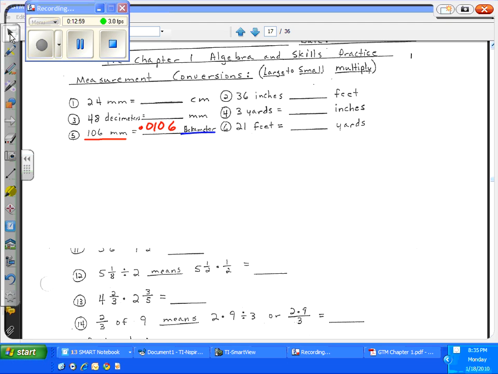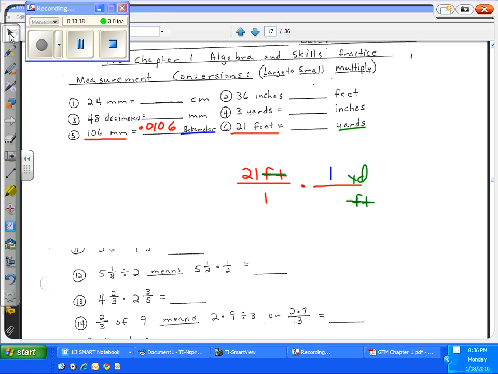Number 6, we're starting with 21 feet. We want to lose the name feet, gain the name yards.